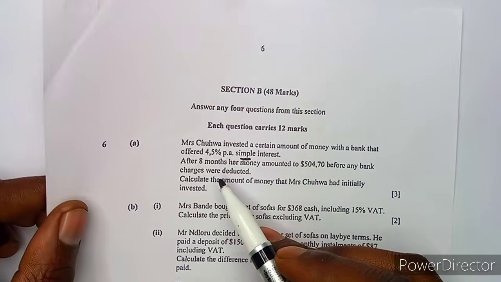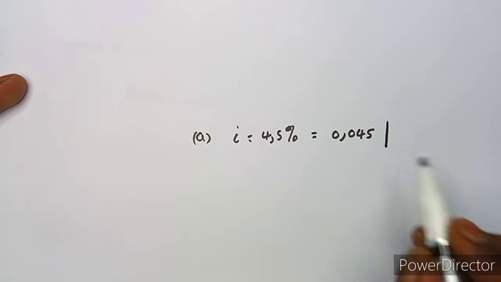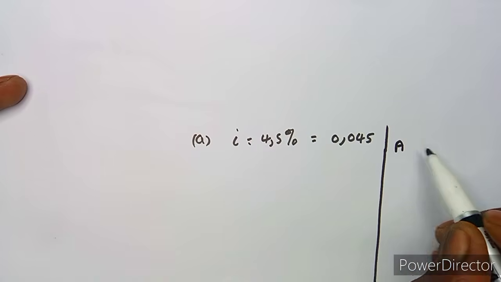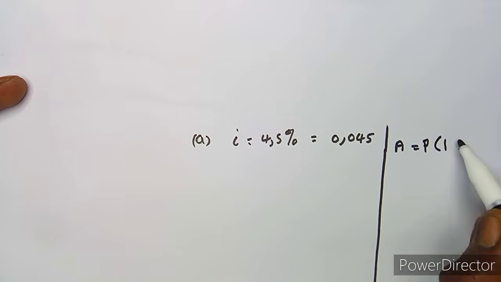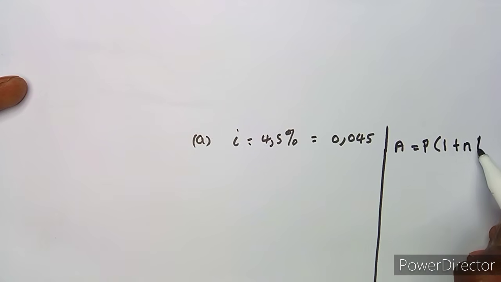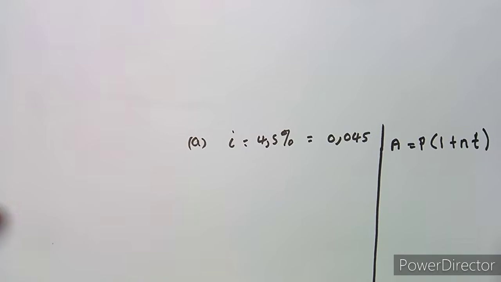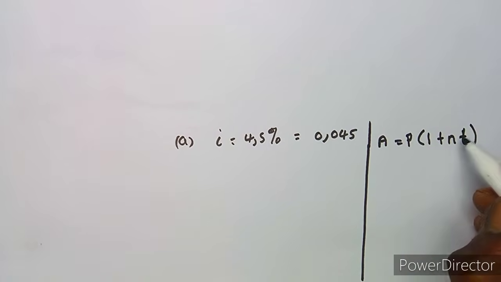Okay, let me write the formula, maybe it can help us, so that you understand how I am listing this information. We know that the amount is equivalent to P into 1 plus NI. Let's use NI so that it cannot confuse us, guys.